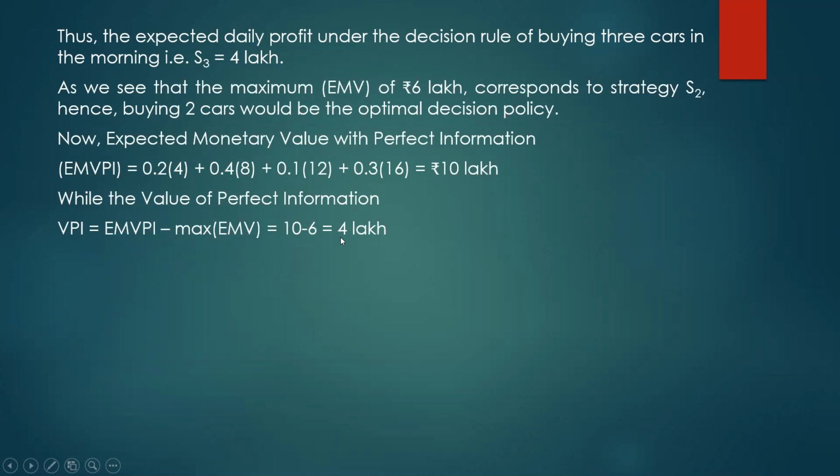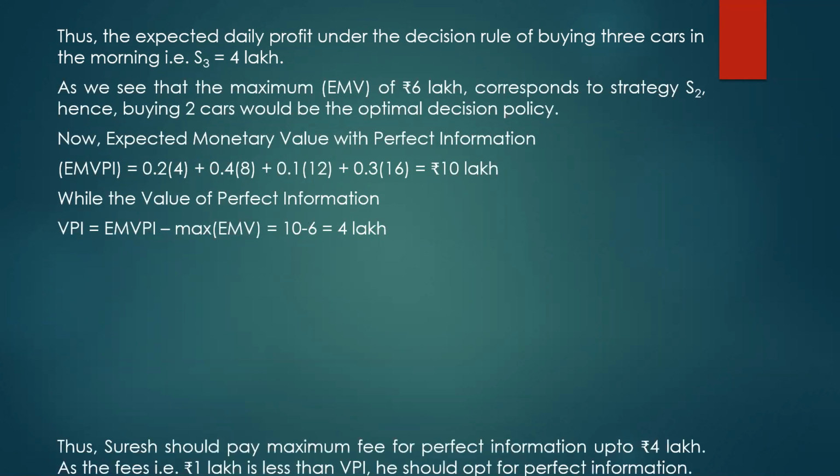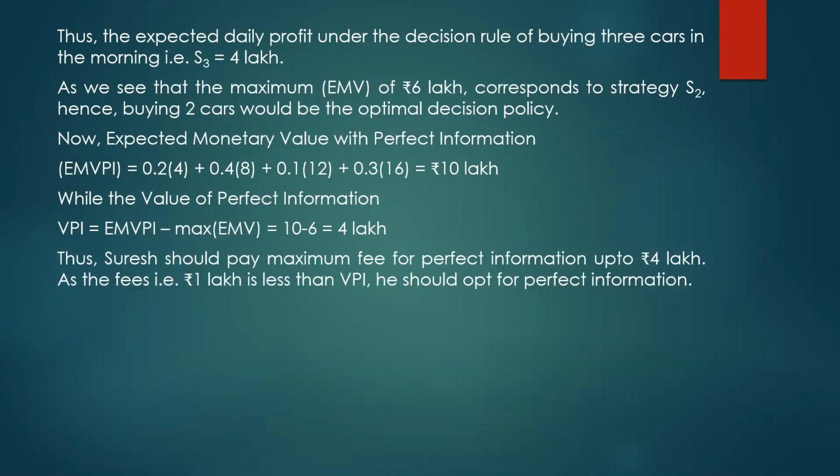And as in the problem they have mentioned, the fee for perfect information is 1 lakh, right? That means Suresh should pay the maximum fee for perfect information up to 4 lakhs. As the fee of 1 lakh is less than the VPI, he should opt for perfect information. Now this perfect information is going to help him to make the best strategy.